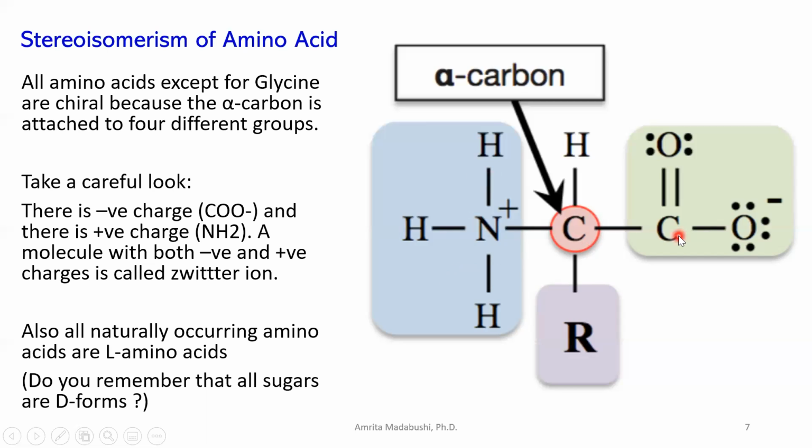It has some charge in it, and of course it's an active molecule. Another really interesting thing about amino acids is that amino acids are always L. Do you remember the L and D forms? The D forms are the sugars. So all sugars are D, all amino acids are L. Wow, that's how it is present in nature.